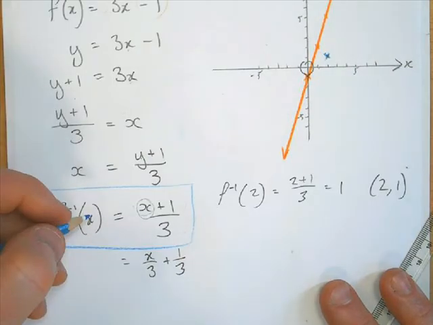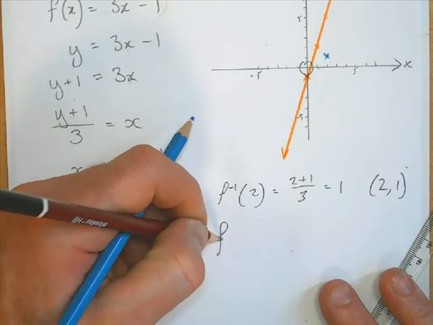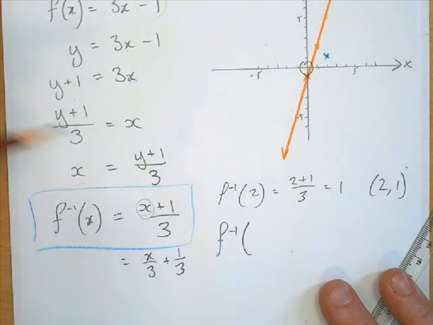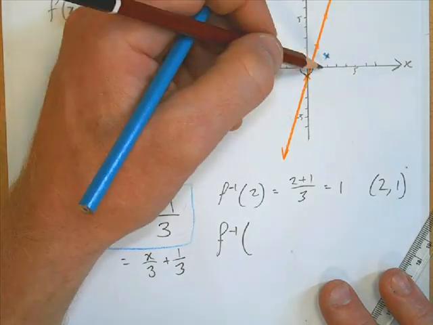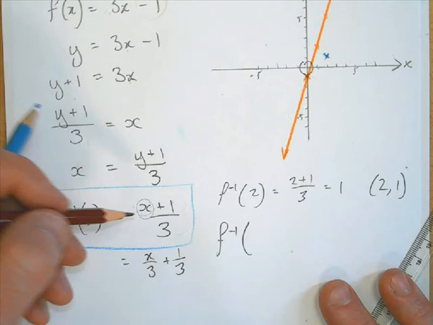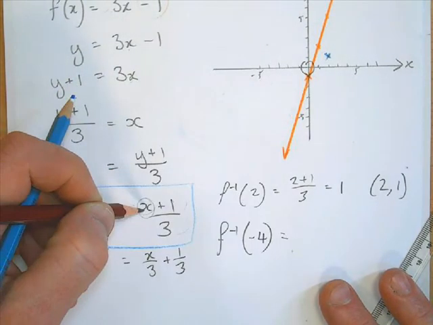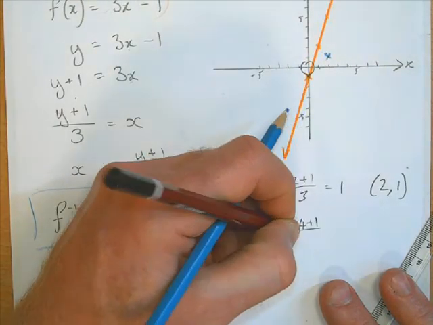And also another point. If we use 1, 1 plus 1 is 2, well that's rubbish, because 2 can't be divided by 3. I mean, we could put it on here, but it'd be very difficult to plot exactly. It would be better to use something like minus 4. Minus 4 would work well, because minus 4 plus 1 happens to be minus 3. Divide that by 3 is minus 1.